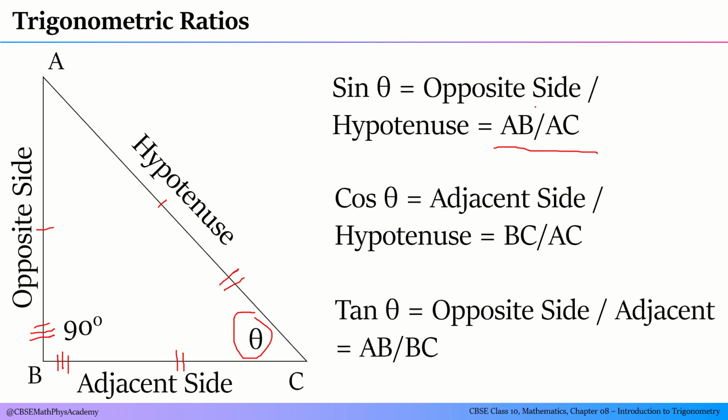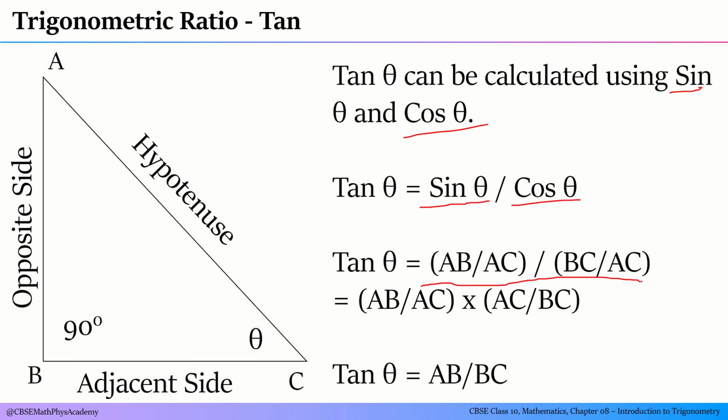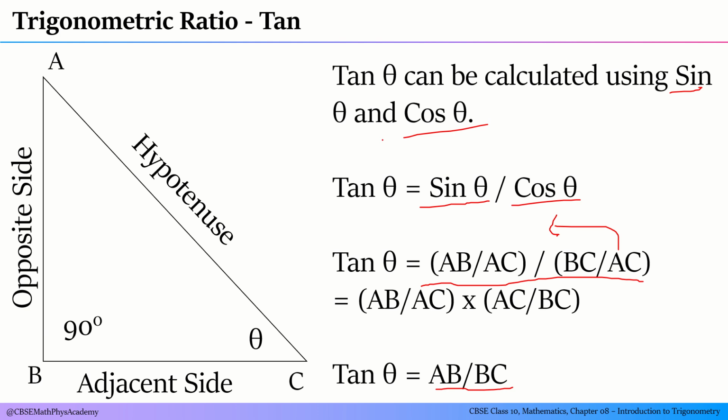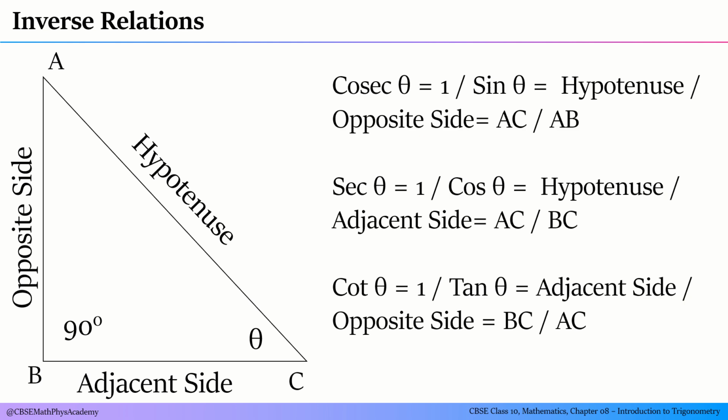Substituting the values, AB by AC divided by BC by AC becomes AB by AC into AC by BC, which on simplification gives AB by BC, which is what you got in the previous approach. So you can see the relationship between sin theta, cos theta and tan theta.